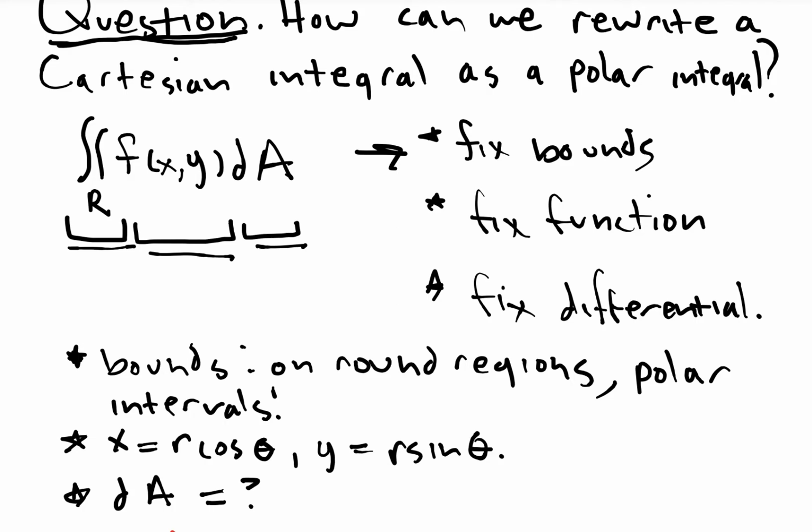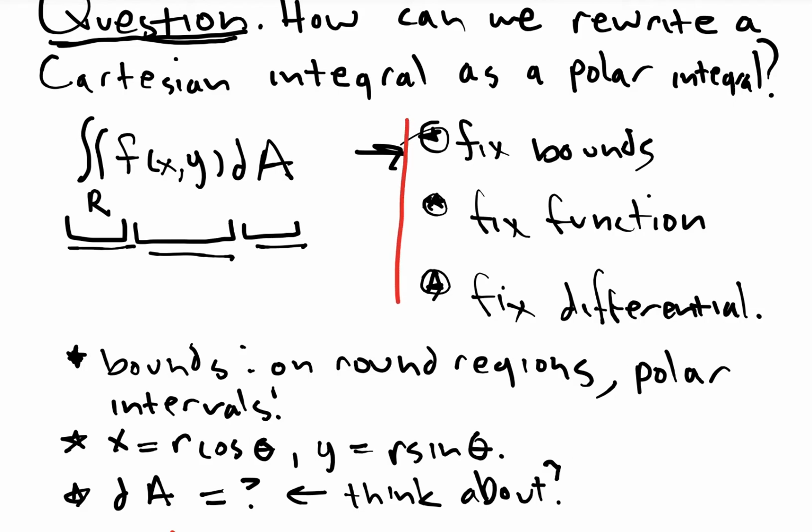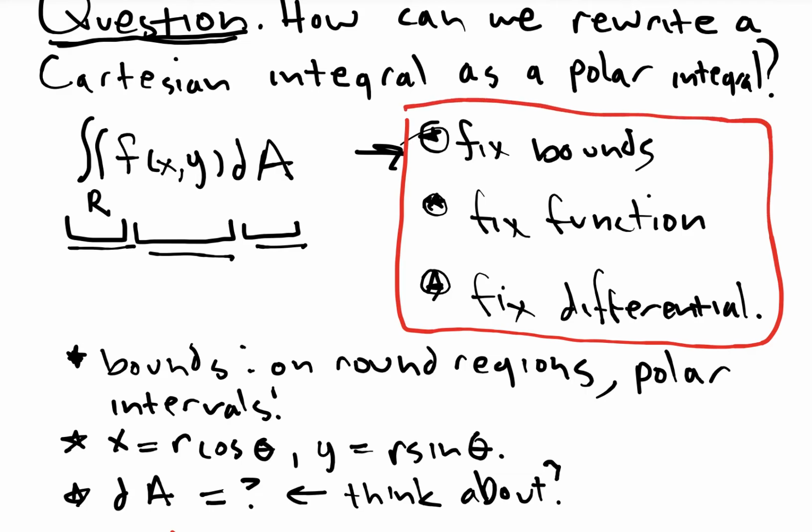So these three bits here, fixing my bounds, fixing my function, and fixing my differential, this guy on the end here, this is the one that we're going to need to think about to really nail down this transition, okay? Now, with that said, before I move on and actually tell you guys how to do this transition with dA and my new polar coordinates, I did want to point something out.